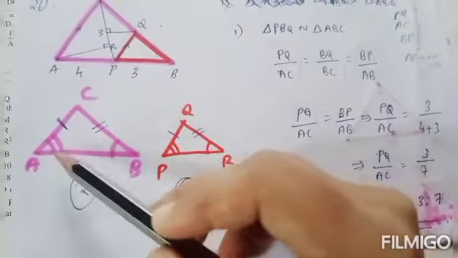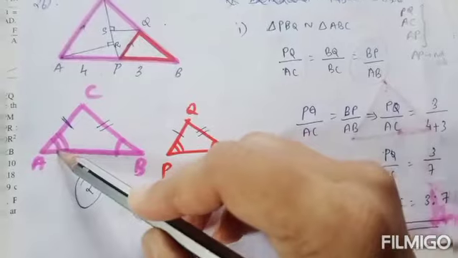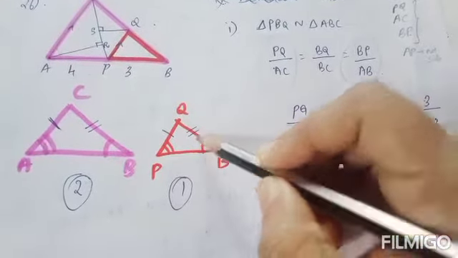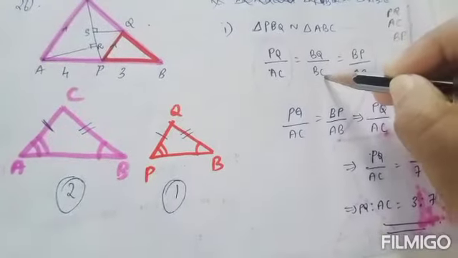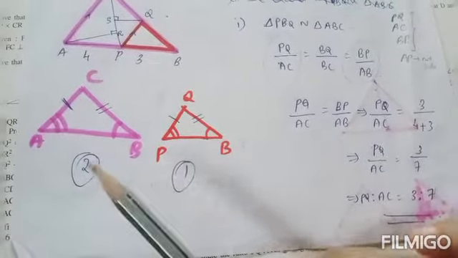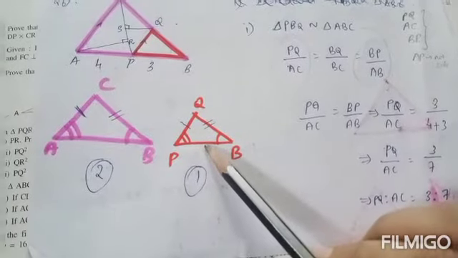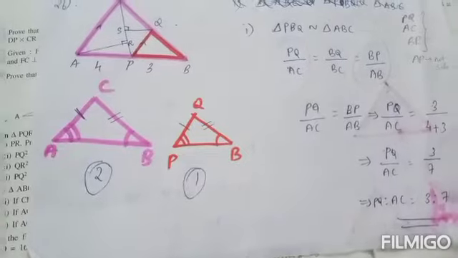Next, corresponding angles, angle P and angle A. So the side opposite to angle P is BQ, the side opposite to angle A is BC. So BQ by BC. Next ratio also we got. Now for the remaining sides, we can take the ratio of those two sides. So in the first triangle it is BP, in the second triangle it is AB. So BP by AB. Okay.